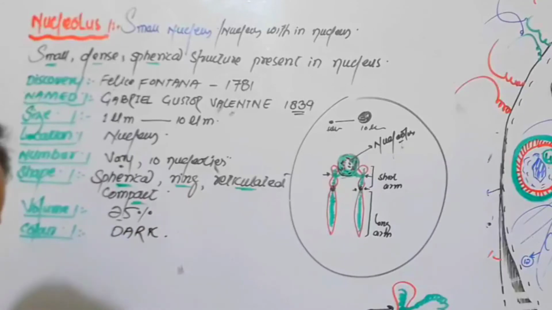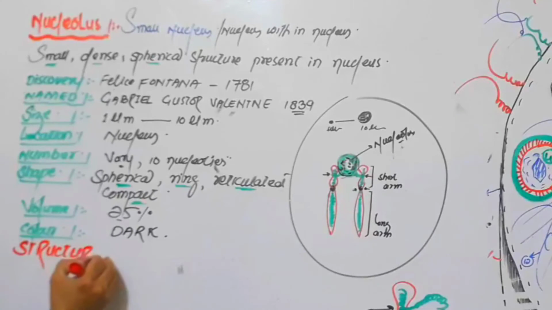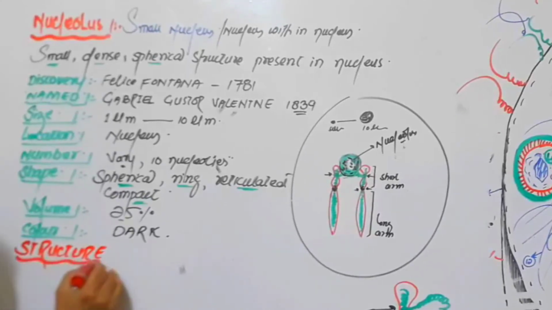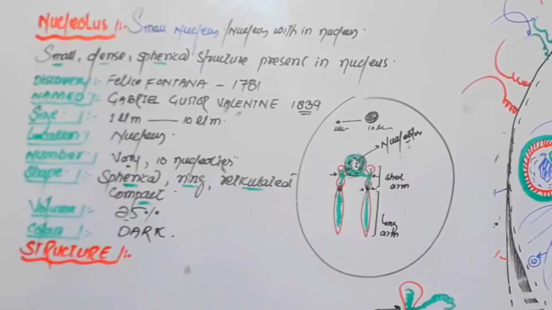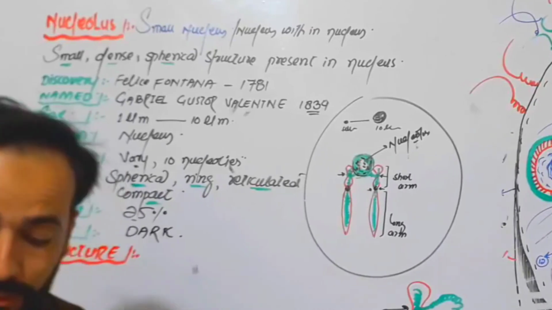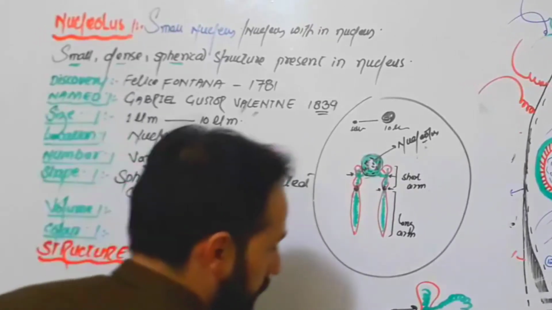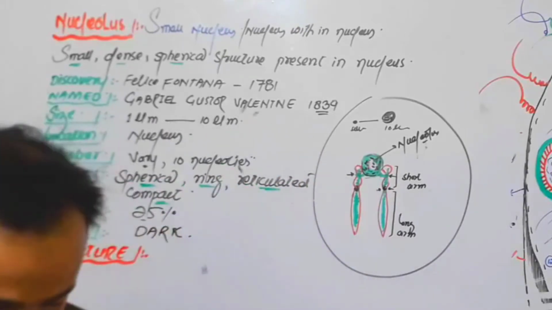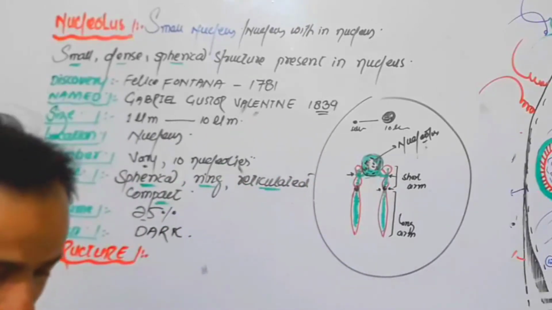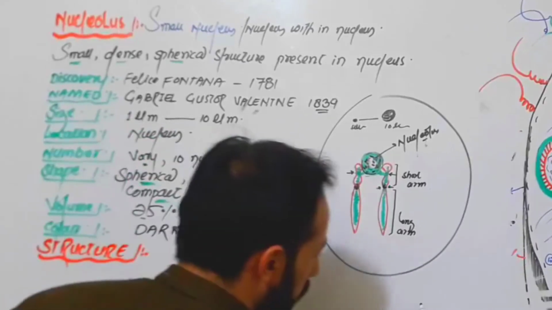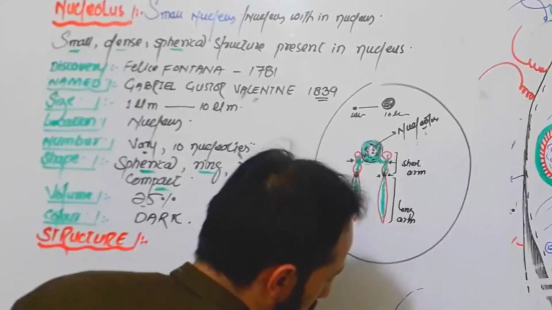Okay, then if we move towards its structure and explain the structure of the nucleolus, let's do that. Structure. First of all, the nucleolus is a non-membranous organelle of the nucleus, right? Let me draw its diagram here. Our nucleolus appears something like this.